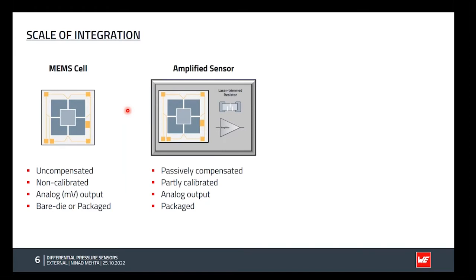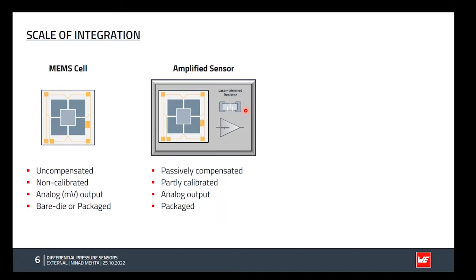Another type is the amplified sensor. Now with the MEMS measurement cell, we have an amplifier which amplifies the output signal, and in some cases we have passive compensation with laser trim resistors, where you do the temperature compensation of the output at a fixed temperature.